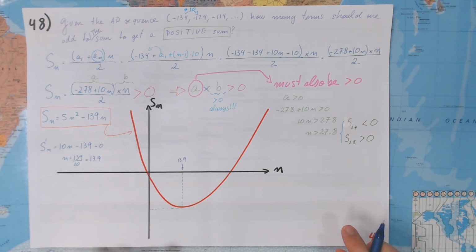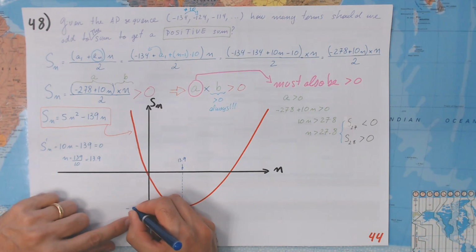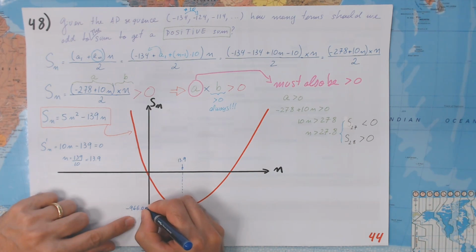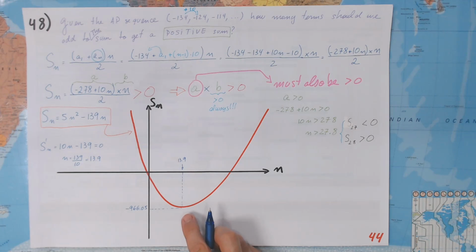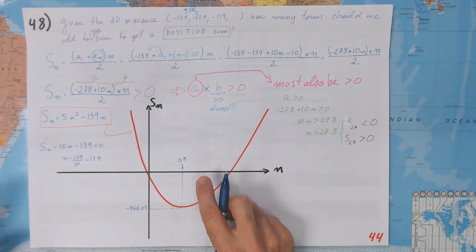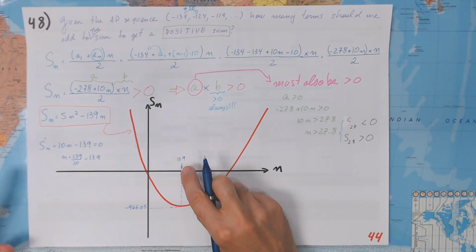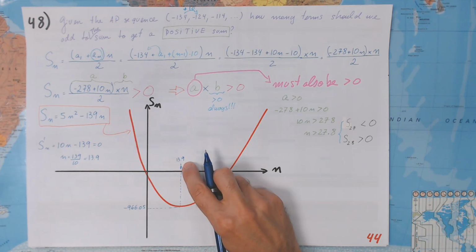Just to get an idea. And this point, if I'm not mistaken, it is going to be around negative 966.05, okay?